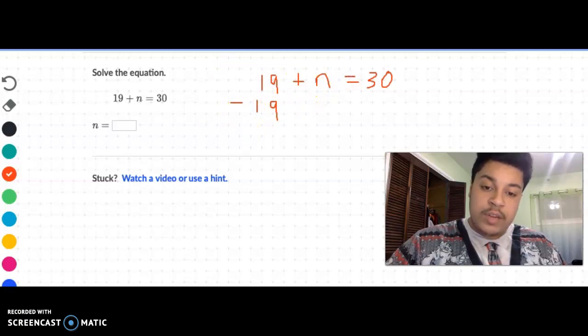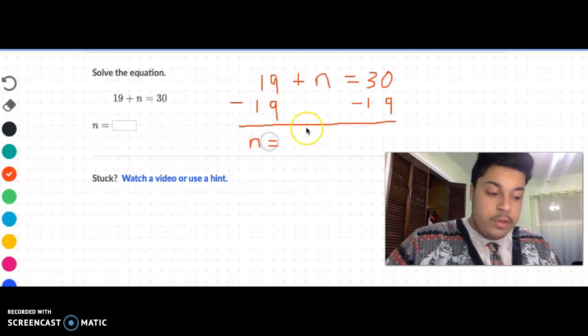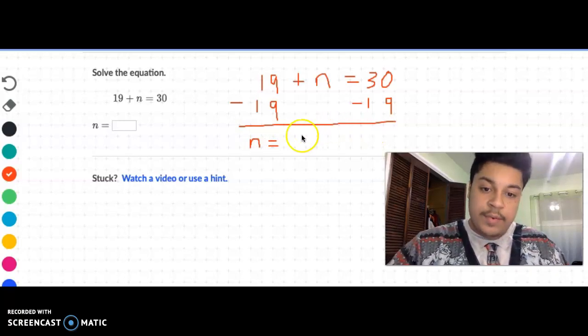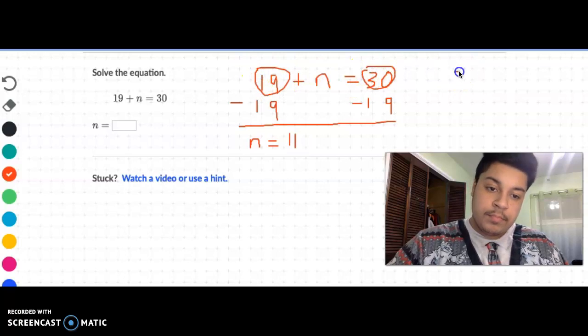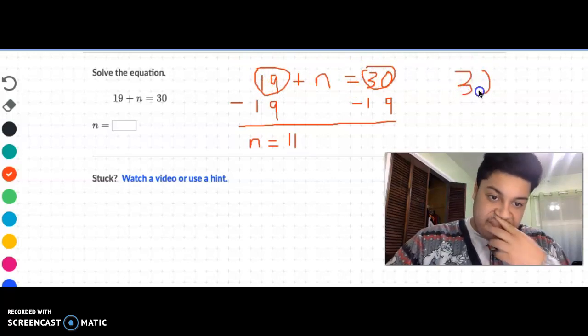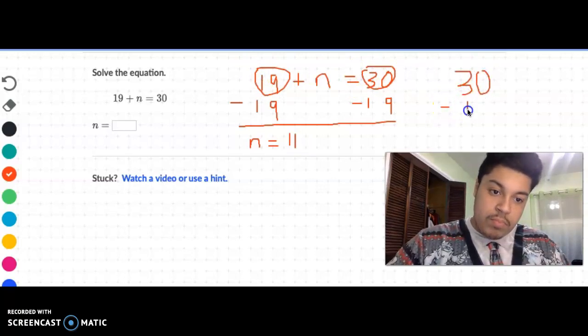Whatever we do to this side, you have to do to this side. 30 minus 19. Draw your line. You're left with your n and your equal sign. 30 minus 19 is 11. Another way you can do this again, 30 minus 19 is 11.